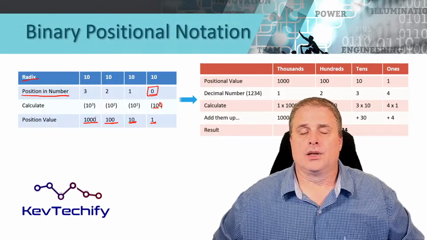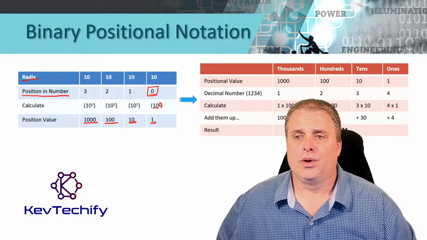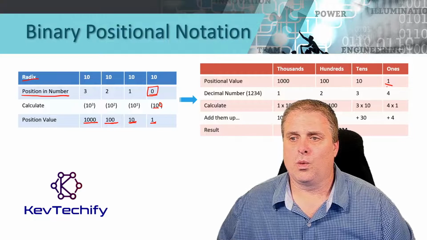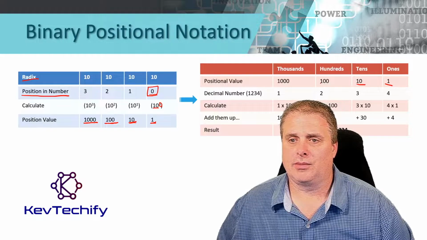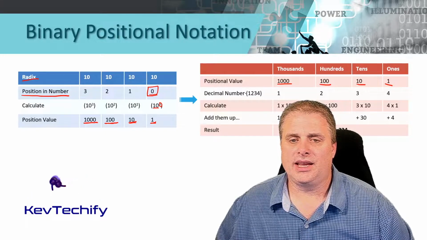Looking at the right side, the red chart over here, we have taken those values. And notice we have these values here. We have 1 in the first column, 10 in the second column, 100 in the third column, 1,000 in the fourth column. We then take a decimal number.